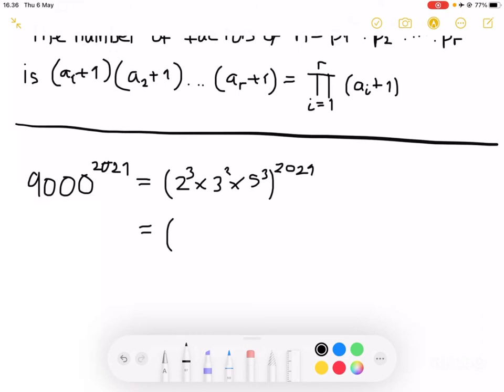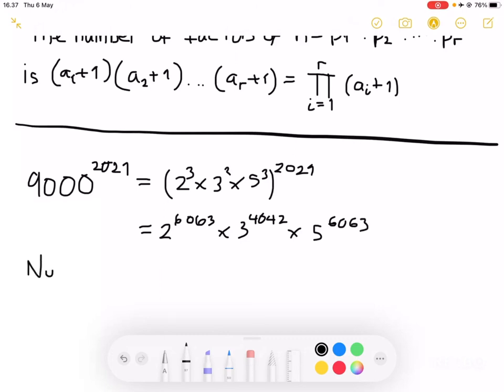And by using index formulas, we can actually distribute this 2021 and then multiply it by each of these powers right there. So we will have 2 to the power of 6063 times 3 to the power 4042 times 5 to the power of 6063.